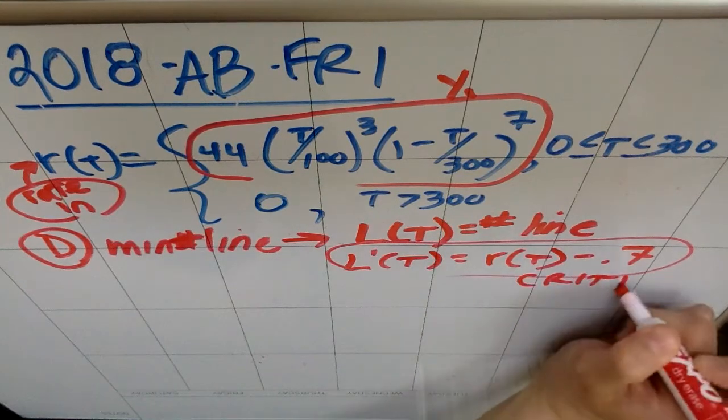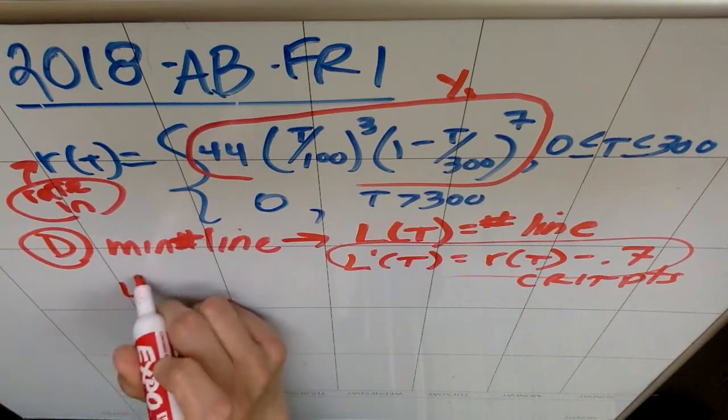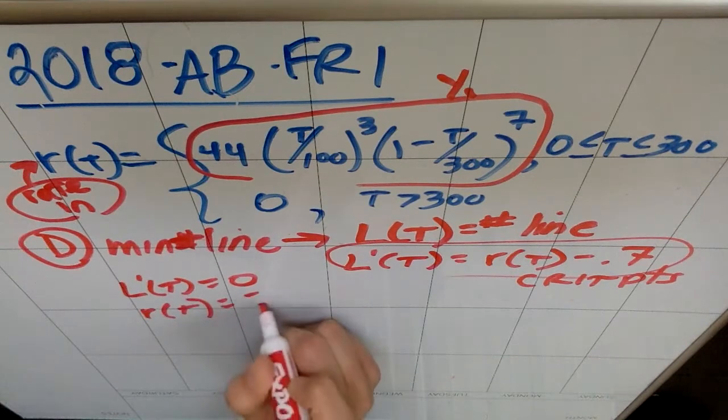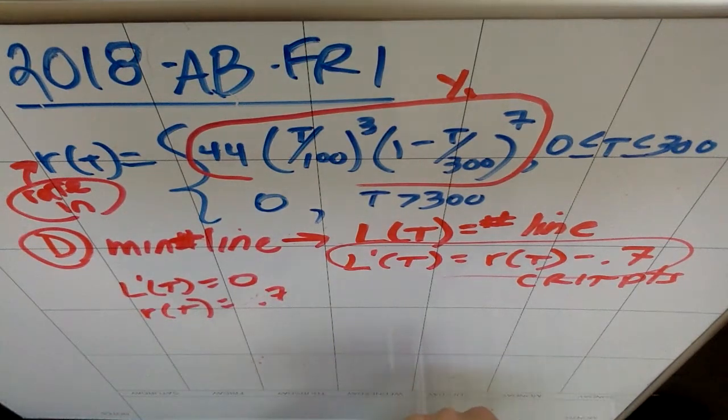I used L of t as my total number in line, and I want the minimum value of this. So my critical points are going to happen when L prime of t is 0, which is when R of t equals positive 0.7. And what you'll find is that's always true. The extrema of a function like this always happen when the rate in is equal to the rate out.